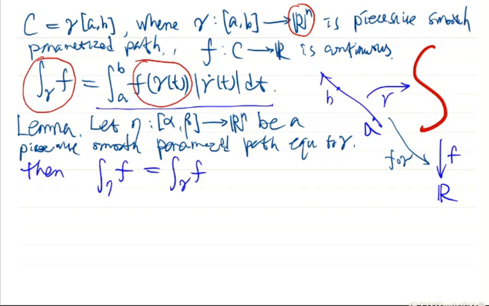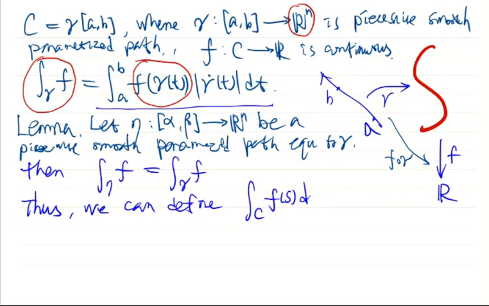This is the result. From this result, we can define the integral of f over C, maybe not f(x) ds, to be the integral of f over any of its parametrizations.